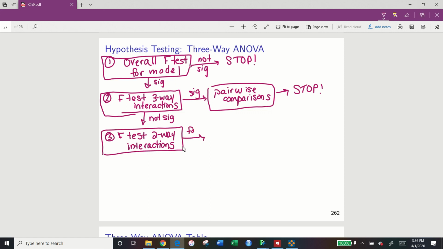And for this, for each significant two-way interaction, we would perform the pairwise comparisons.